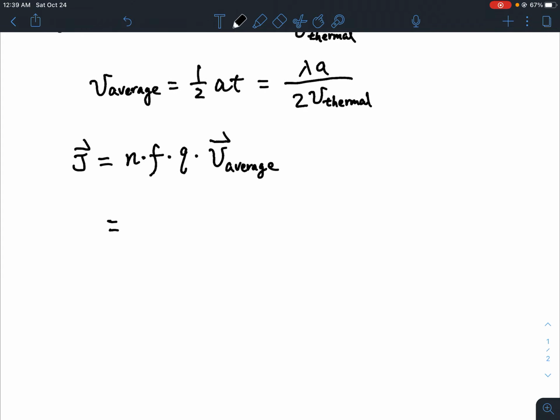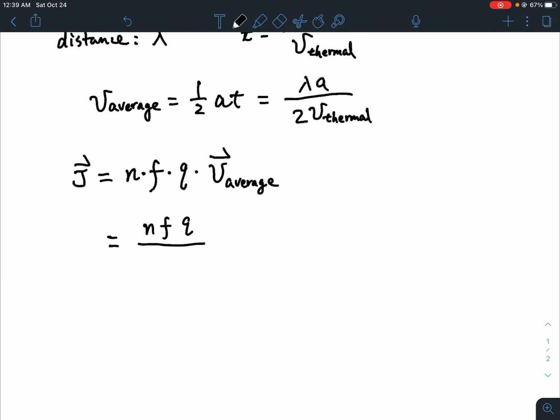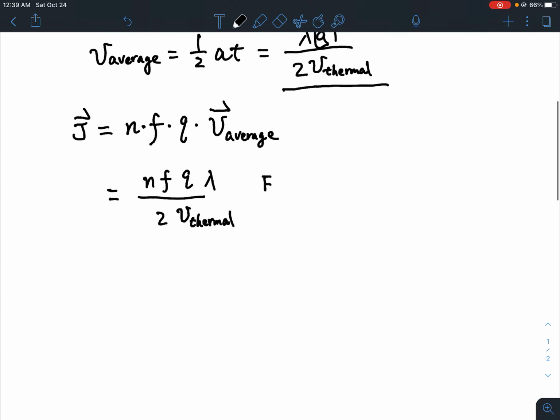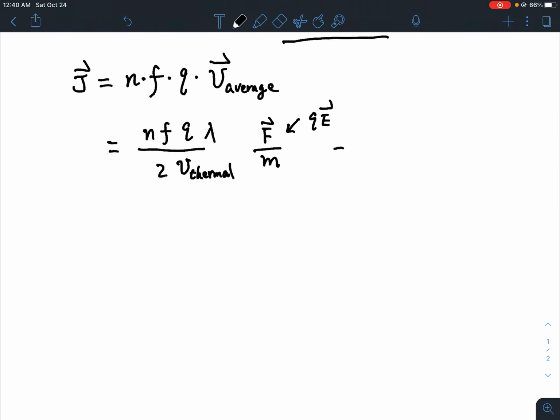Putting things together, this is N F Q times the average velocity, lambda divided by 2 v_thermal, times a. Let a be the force divided by the mass, and force is Q times E. So we get N F lambda Q squared divided by 2 m v_thermal, times E.